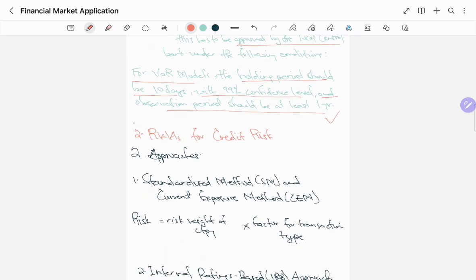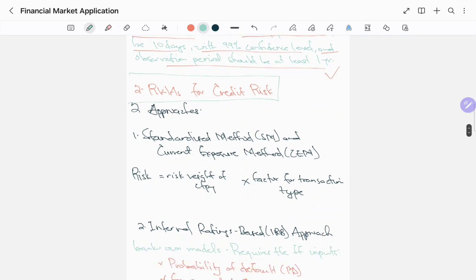Now, the next one we'll look at will be how to quantify credit risk. Again, the approaches here are two, where there is a standardized method, right? So there's a standardized method and current exposure method as one. And under this method, you are simply saying the credit risk here is the risk weight of the counterparty.